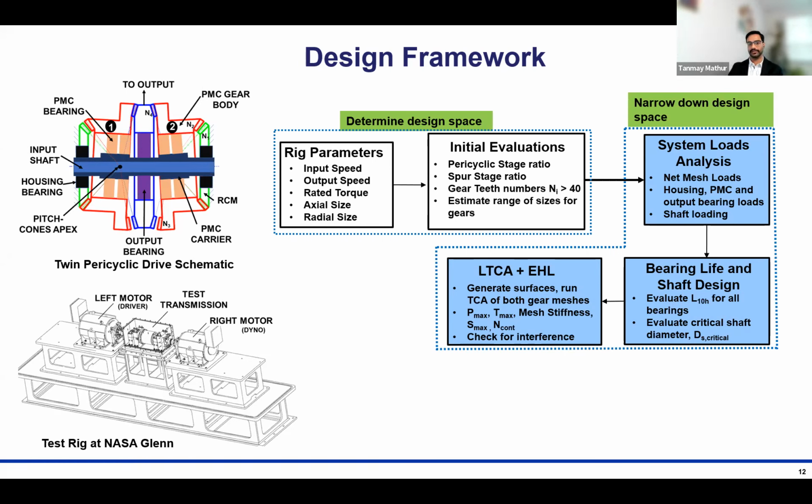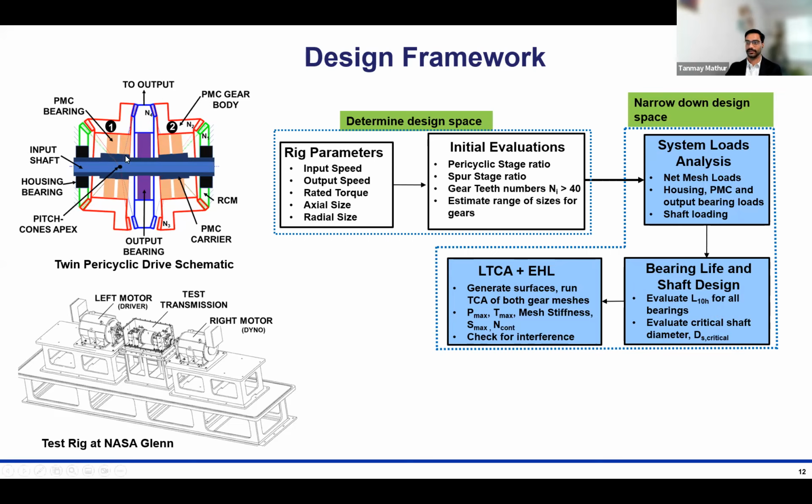From these component level loads, we take a look at what is the stress developed on each of the single components.